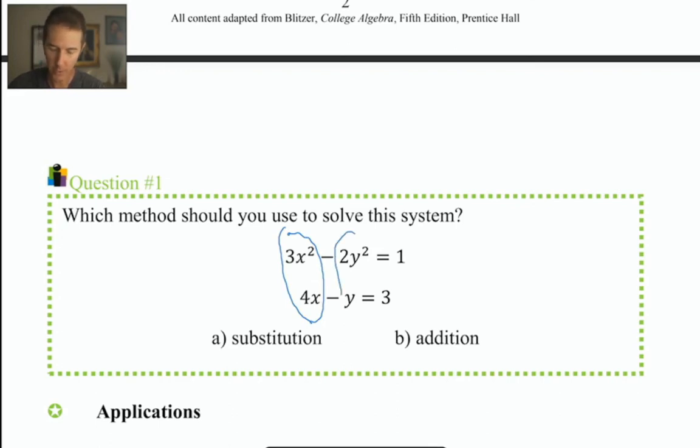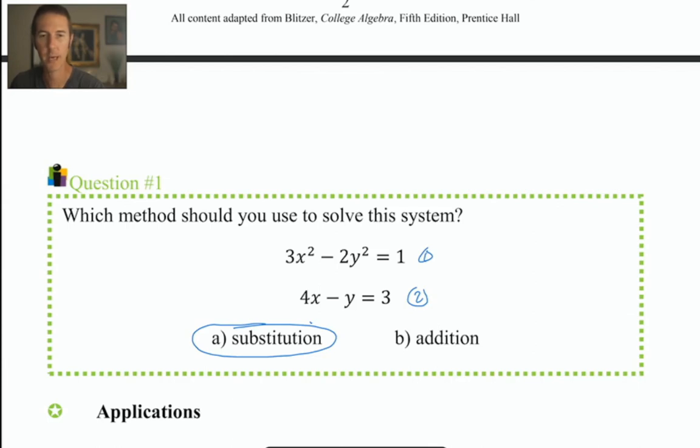There's no way to get our y squared or y terms to cancel out, because we've only got one of each there also. So this is another example of where you would take equation 2, solve it for y, and substitute it into equation 1. So substitution is the plan of attack for a system of equations like that one.